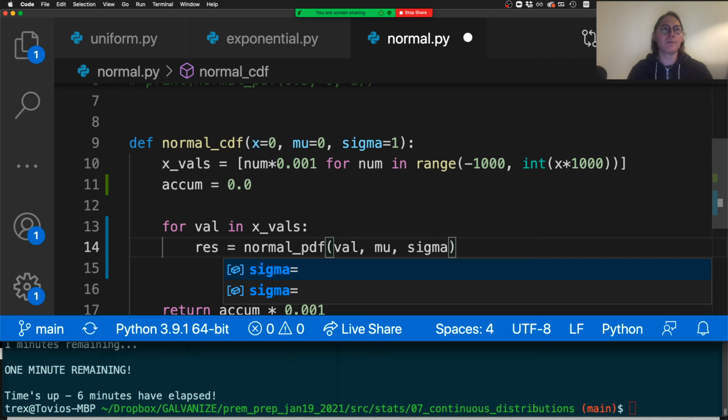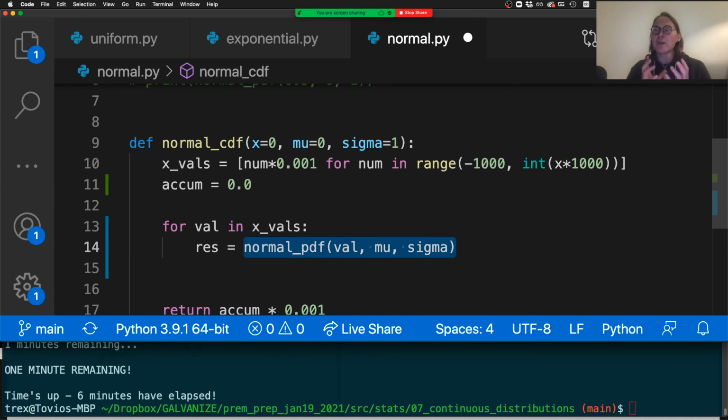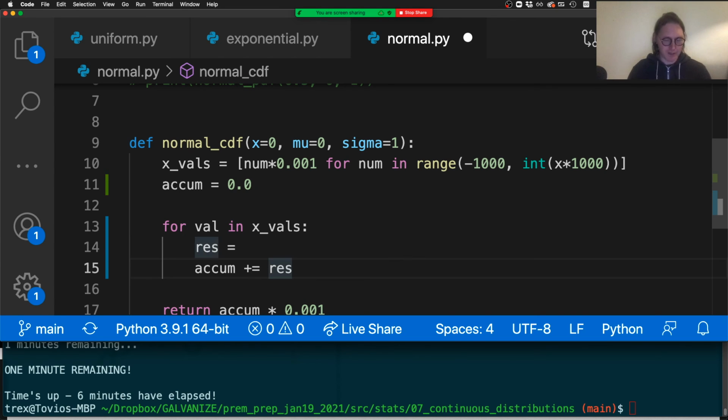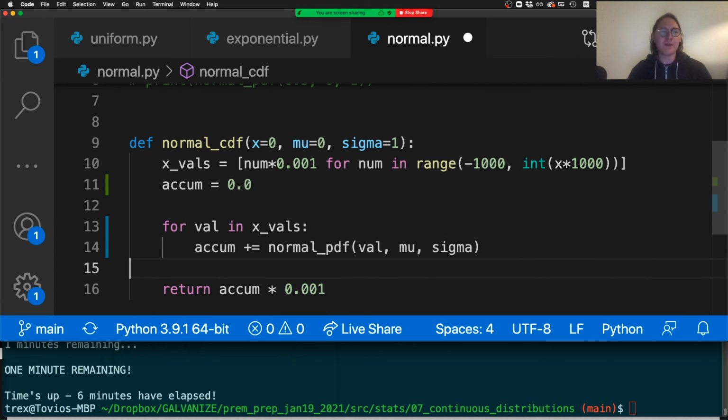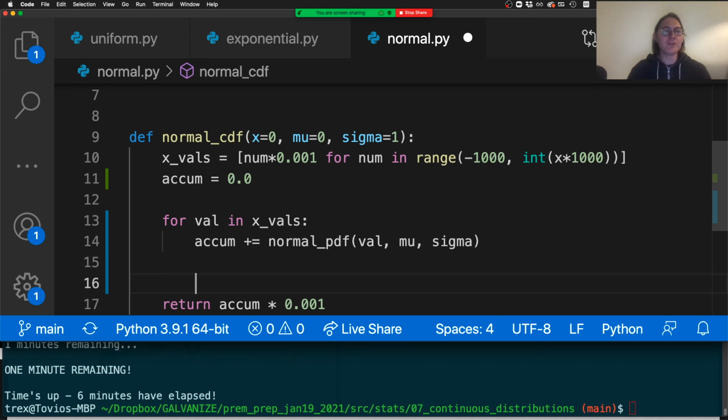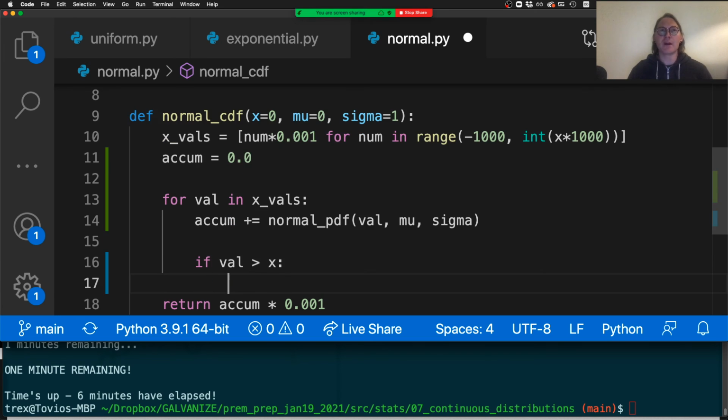And I can take the result of each of these calls, right? This is the area of just one of those Riemann boxes, one of those Riemann rectangles. So I could accumulate against that result. I could say accum plus gets the result, but I'll just go ahead and make that one line instead. And then what I'm going to do here, if the value is greater than x, I'm going to break.